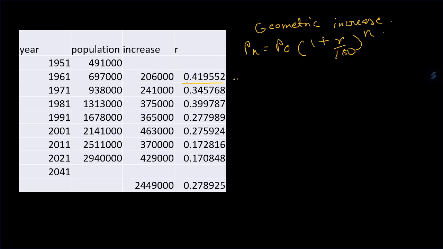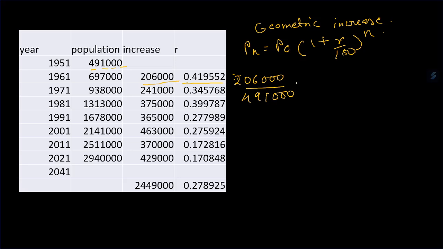So 0.419, how did I get this? So the increase is 2,06,000, so 20600 divided by the base value, which was 4,91,000.